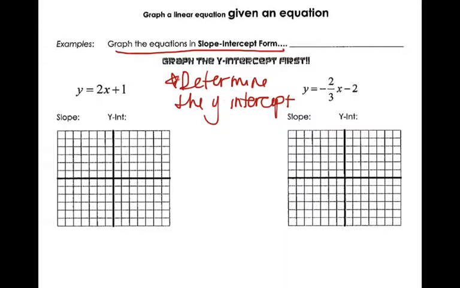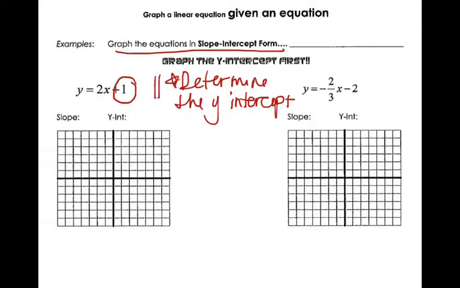Whenever you graph, you need a starting point. No matter what you're graphing, if you were given a table of values that you turned into ordered pairs, you'd pick one to start with. Okay, we can do that with an equation. We're actually given a starting point. We're given an ordered pair just by looking at this equation. And that's this number. Our y-intercept is our starting point.